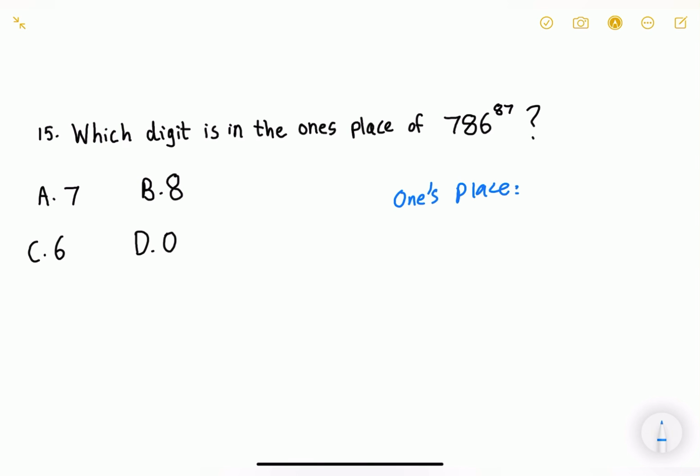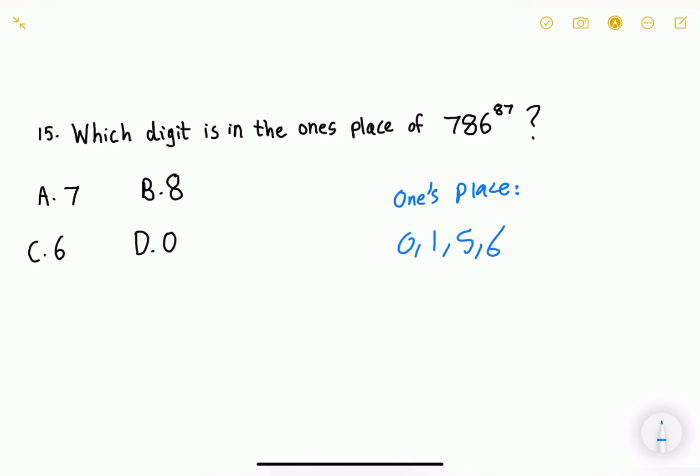We should know that every integer that has 0, 1, 5, or 6 in the ones place, when raised to any positive integer power, the ones digit does not change.